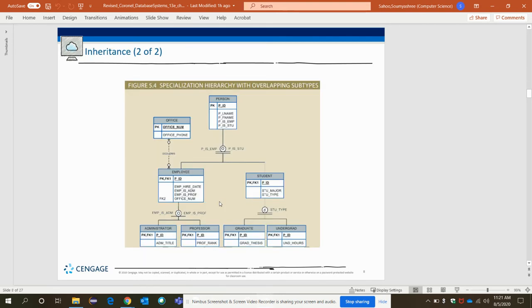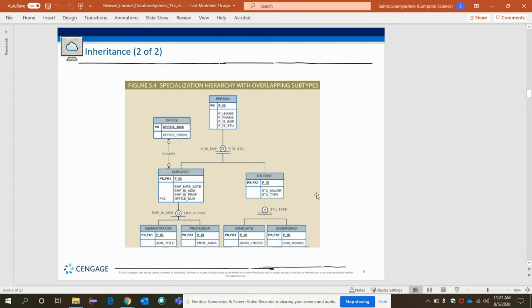Okay. Overlapping subtypes, let me try to show you that one. Let's take this example here. Overlapping subtypes are subtypes that contain non-unique subsets of the supertype entity set. That means each entity instance of the supertype may appear in more than one subtype. So for example, let's take a university environment. A person may be an employee or student, both.